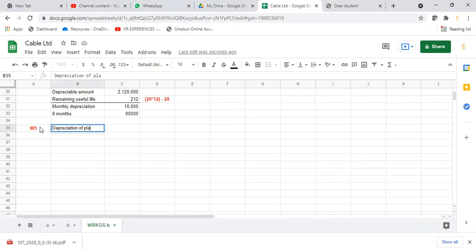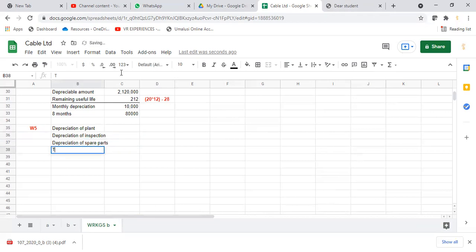Depreciation of plant is going to be depreciation of inspection, and depreciation of spare parts.